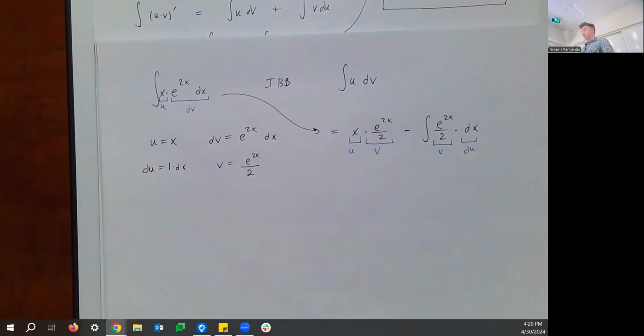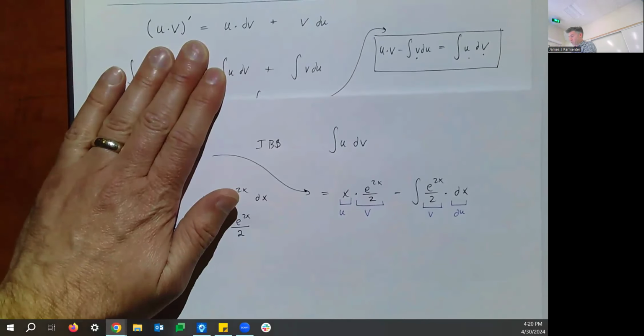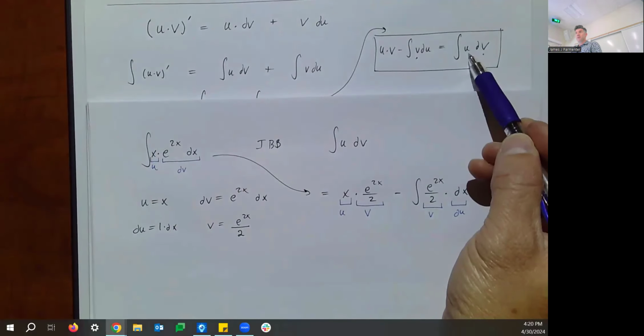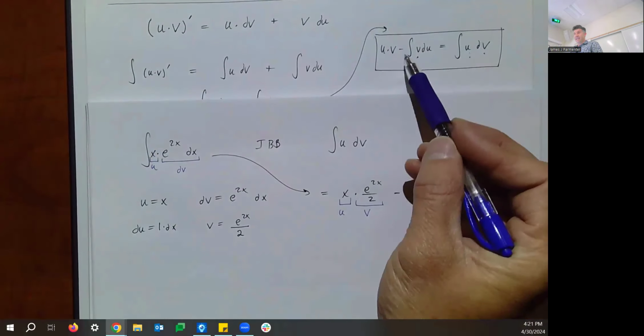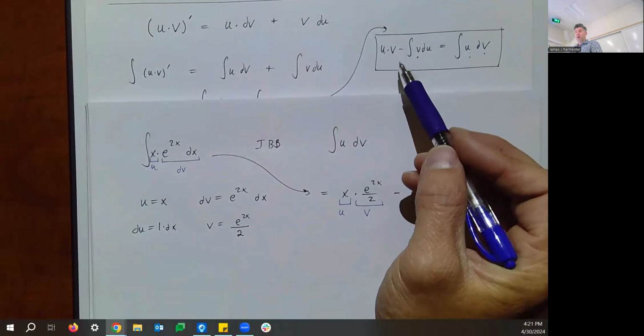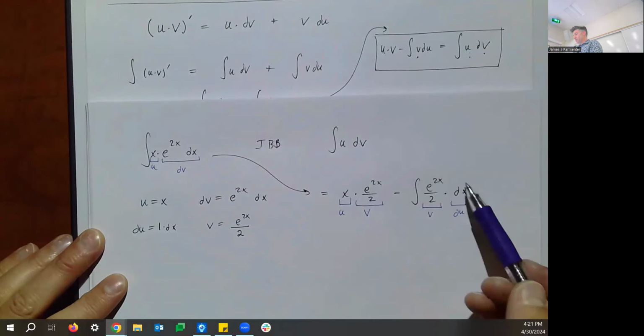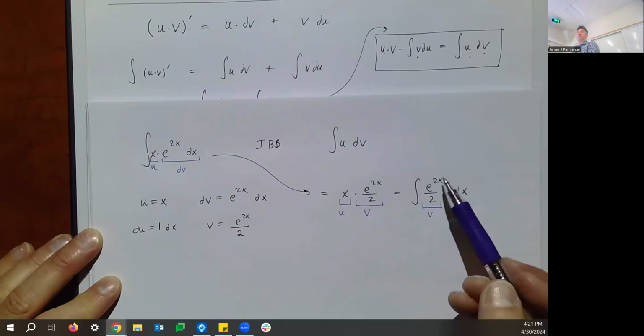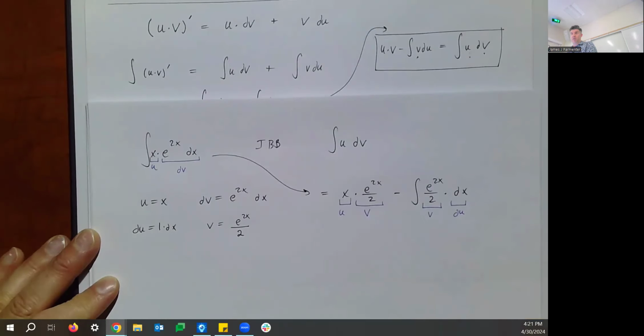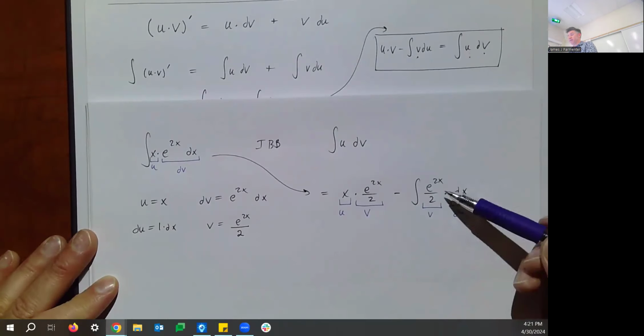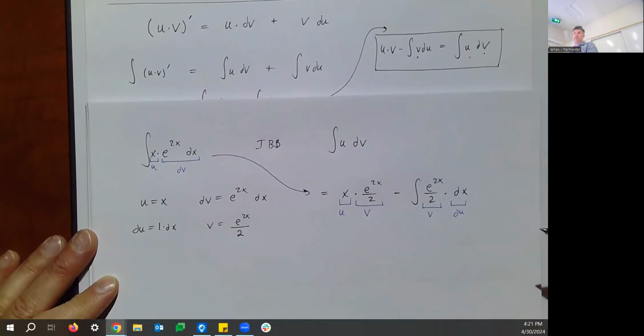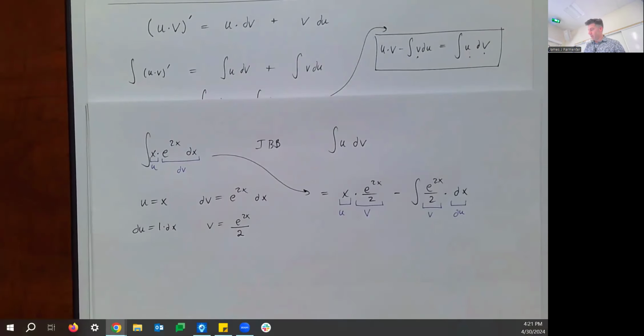So again, the point of this is that we're starting with this. We're rewriting it as this, which it is in fact equal to. But this new expression, specifically the integral, is something we are able to find the integral of. We know how to anti-differentiate e to the 2x times 1/2. So let's simplify this a tiny bit.